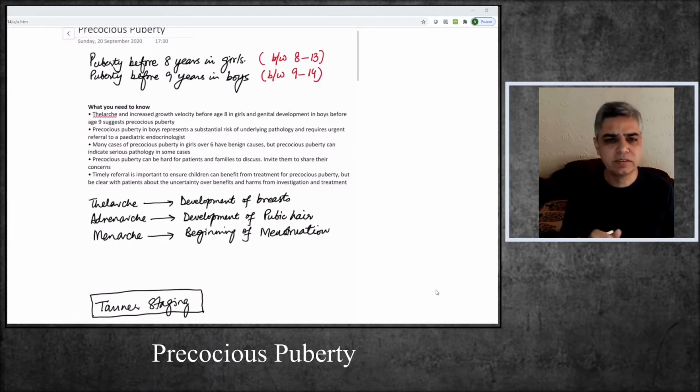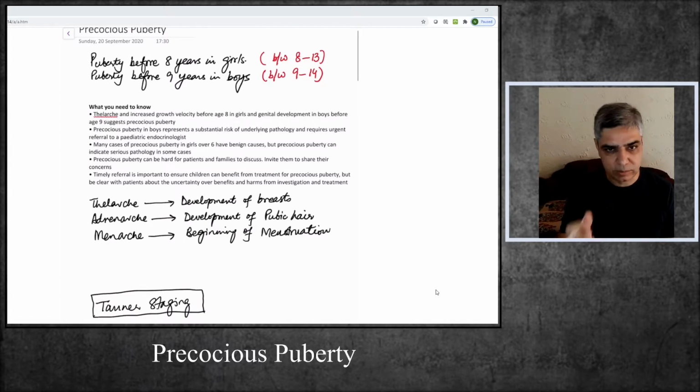Sometimes you might be given this in the exam: a boy who has got genital development before the age of 9 years, what should be your next step? Then obviously you have to select referral to a pediatric endocrinologist, because the pediatric endocrinologist would be looking into the reasons, whether they are central or peripheral, and would know how to best manage this type of condition.